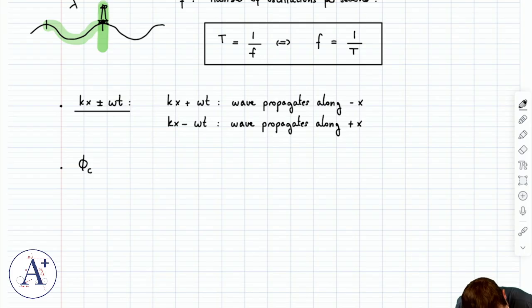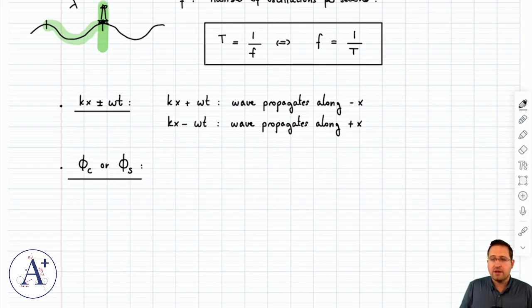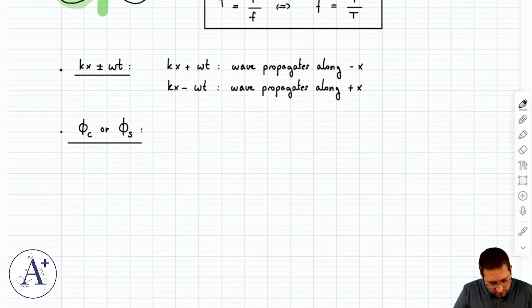Okay. All right. And then the last quantity is phi sub c or phi sub s. Now I call it phi sub c if I'm using cosine, phi sub s if I'm using sine. That's because they're never the same thing. So I would just want to put in your brain that phi for cosine is going to be a certain value, whereas if you had chosen sine, you would get a different value of phi. But phi is called the phase constant.